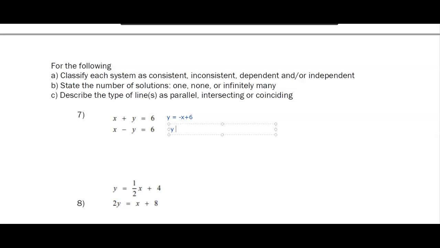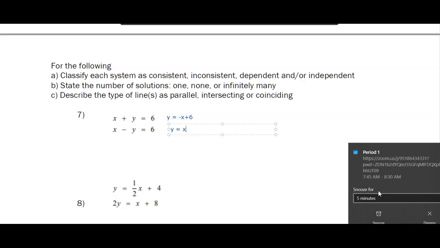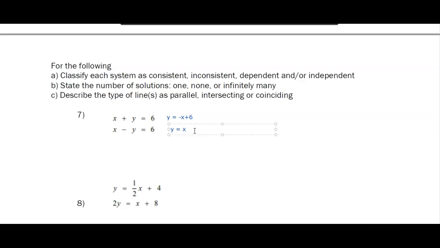And here, you had negative x divided by negative 1, so you got x, and then plus 6 divided by negative 1, so you had minus 6. So what we notice is that the slopes are opposites. Therefore these are independent, one solution, intersecting.